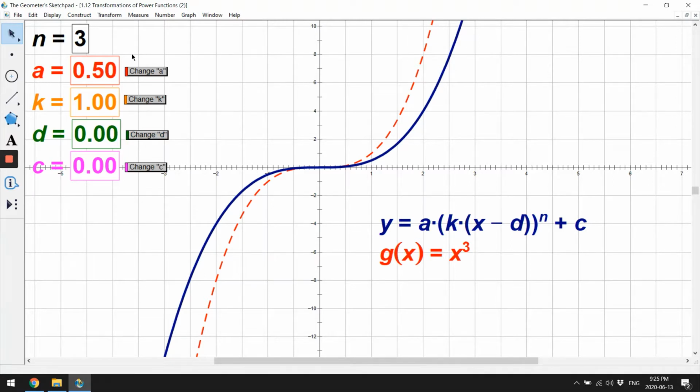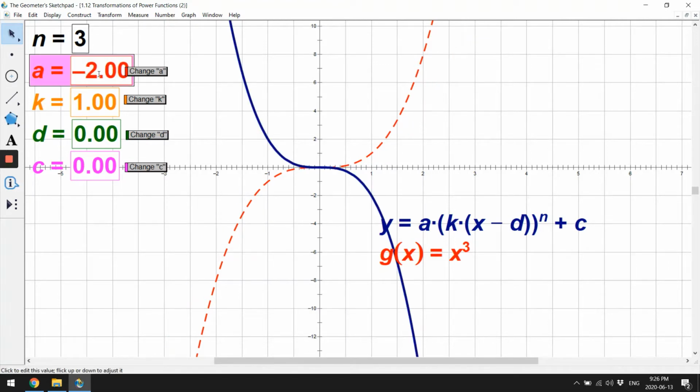So I would argue that it's a vertical compression by a factor of 2. I'll spend more time explaining why, but we'll save that for the transformation lessons for grade 10 and grade 11. And if it was negative, then there's a reflection with respect to the x-axis.